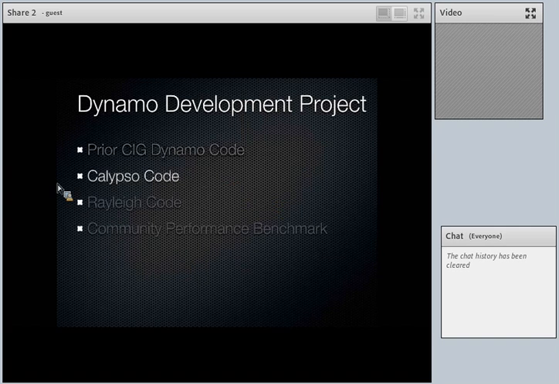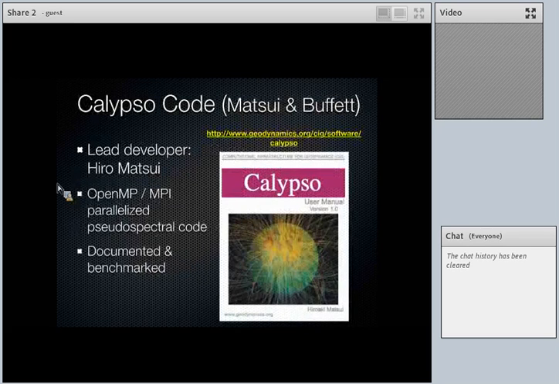And I think we can make great strides by developing better codes for CIG and for the community. The first of those is the Calypso code, developed by Hiro Matsui and Bruce Buffett. Lead developer is Hiro Matsui. This is an OpenMP MPI parallelized Fortran 90 code, pseudospectral.